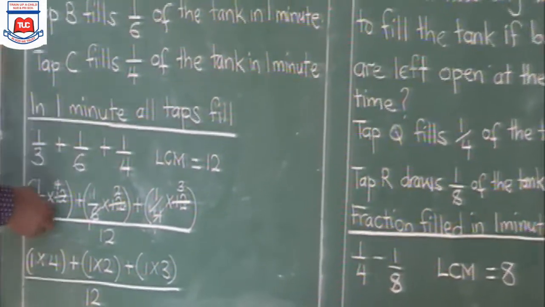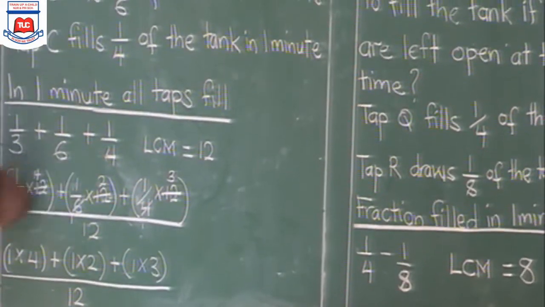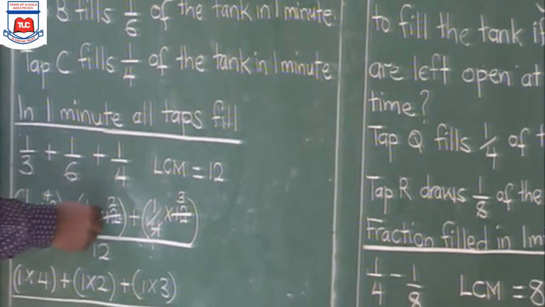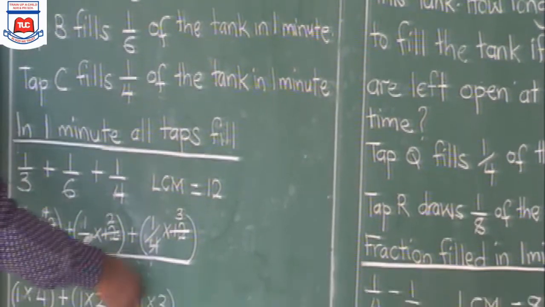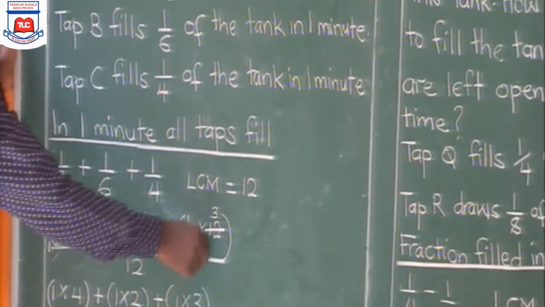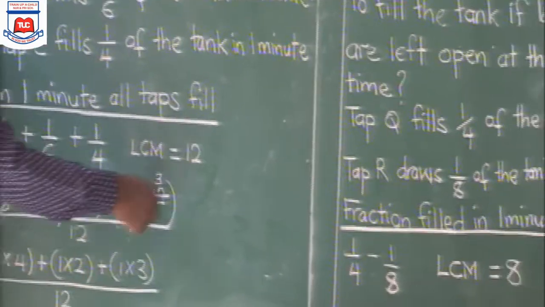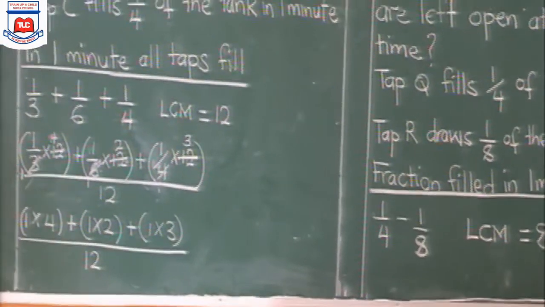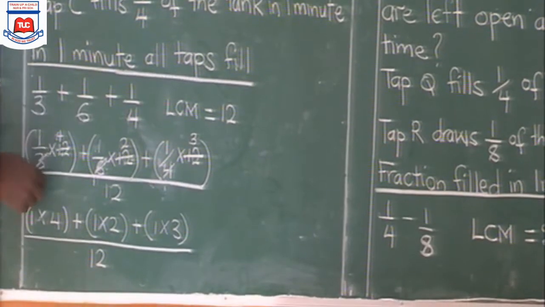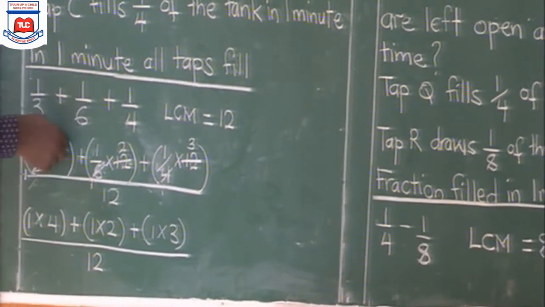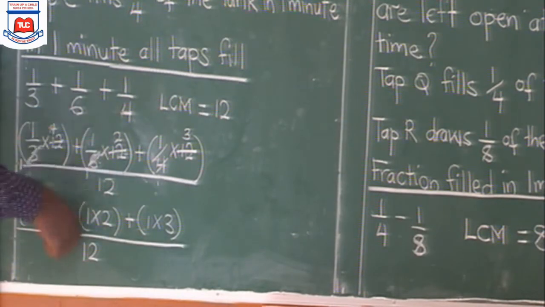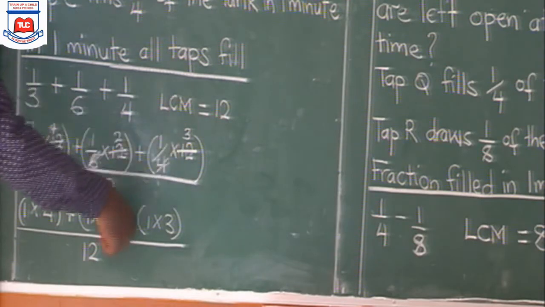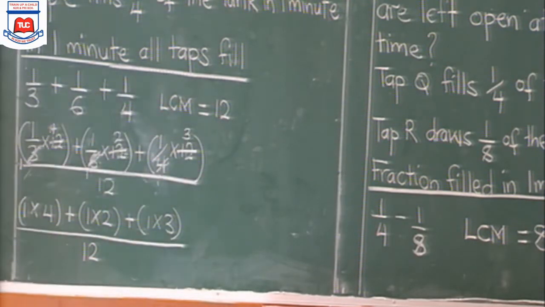Then divide: 3 divided by 3 once, 12 divided by 3 is a 4. Here the divisor is 6. 6 divided by 6 once, 12 divided by 6, you get 2. 4 divided by 4 once, and 12 divided by 4 is a 3.